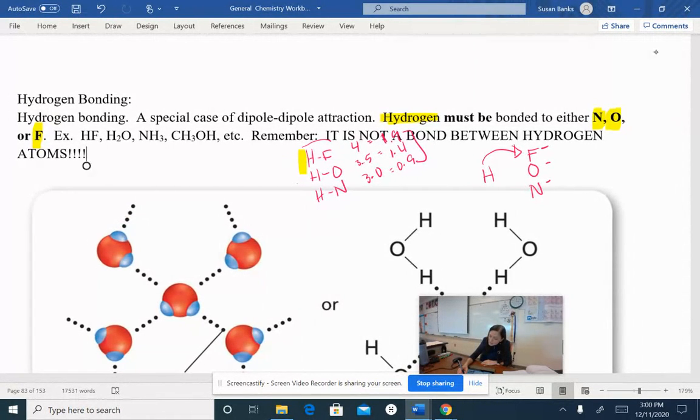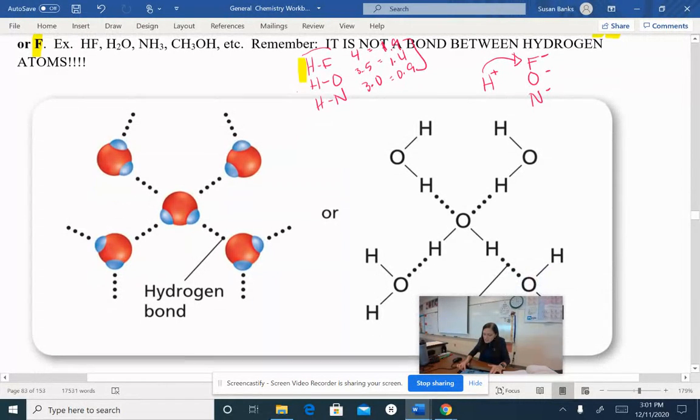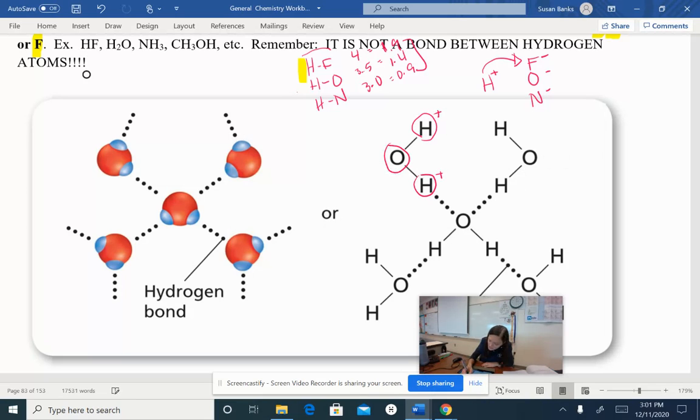And hydrogen almost has a whole entire +1 charge. So this is almost acting like an ionic bond, but not quite. Okay? So that means the hydrogen regions on water are really, really positive. And it means this oxygen region is really, really negative.